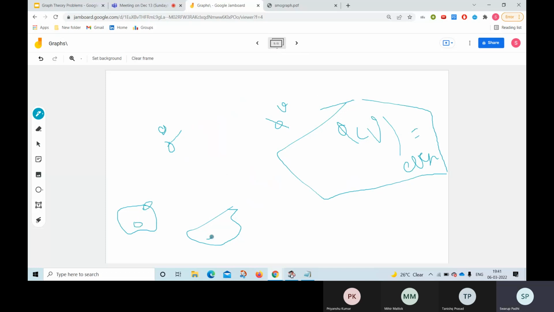Each is an independent graph you can consider, and the sum of degrees in this also has to be even. So if this is of odd degree, then this is also of odd degree. And since they are in the same connected component, by definition, there must exist a path between them. So they are connected by a path, and their degrees are odd. So this is how we prove this.